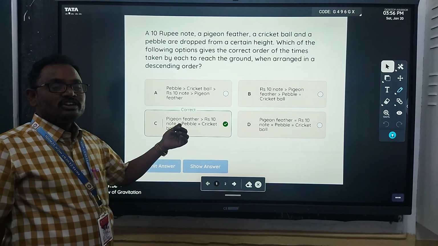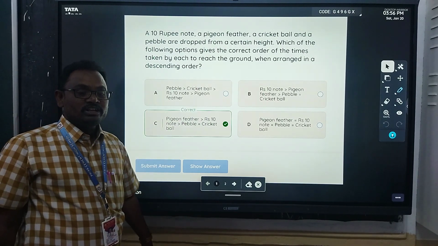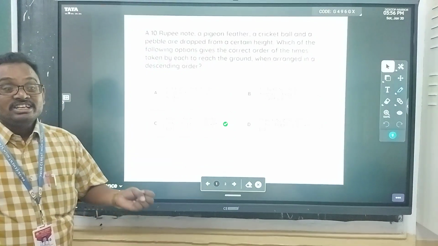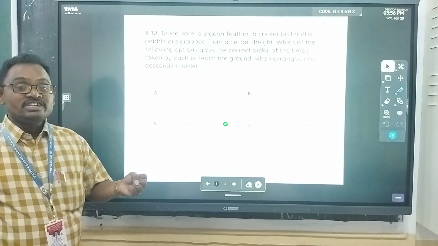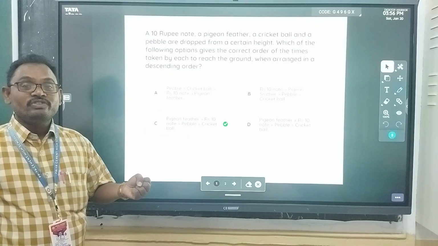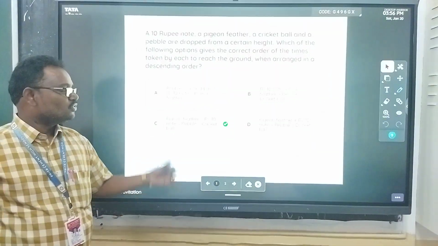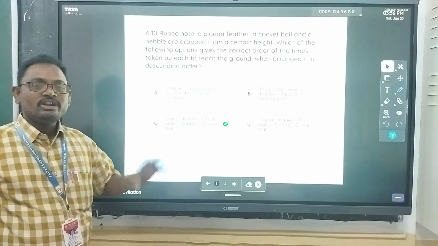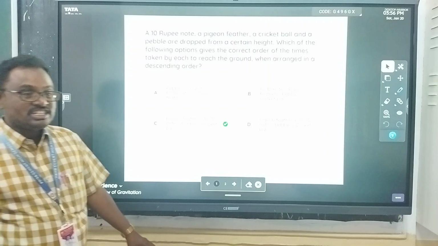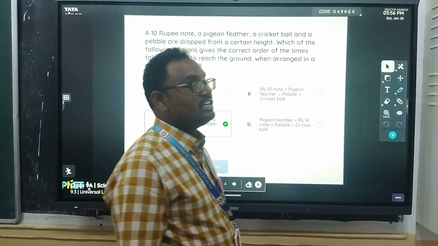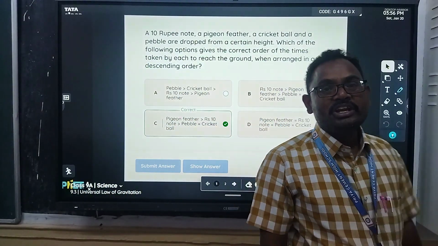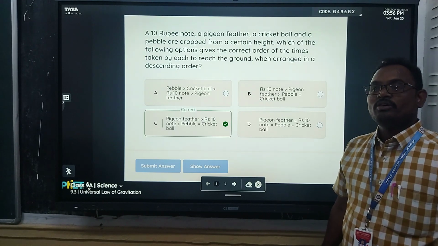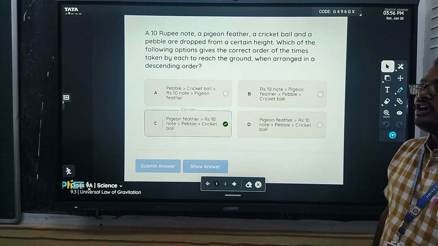Why? Because the feather and the 10 rupee note reach the ground somewhat late, because there is some other disturbance. What is that? Fluid friction. If there is no fluid friction, if you drop these four objects in a vacuum, all four of them reach the ground at the same time, because as I already said, gravitational acceleration does not depend on the mass of the body, if there is no other force.